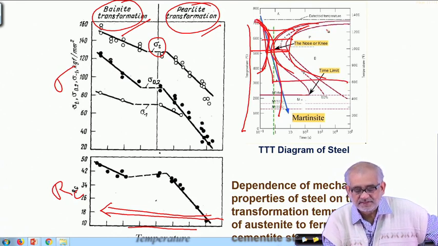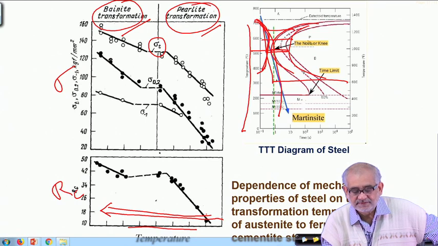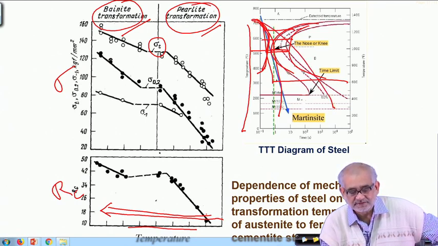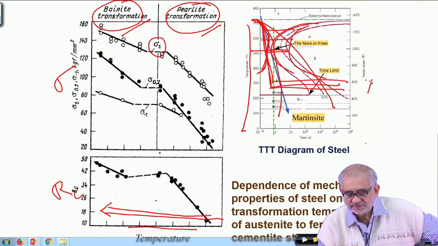In other words, if you want bainite, then you cannot employ continuous cooling like you can do for pearlite. You have to do a stepped cooling, and this stepped cooling kind of a transformation is called austempering.